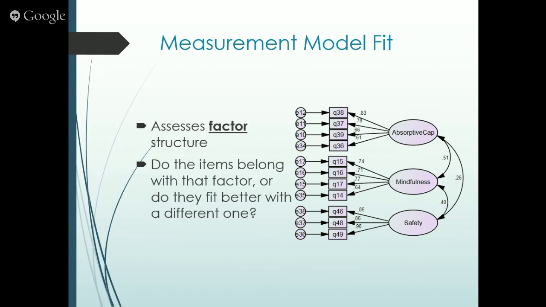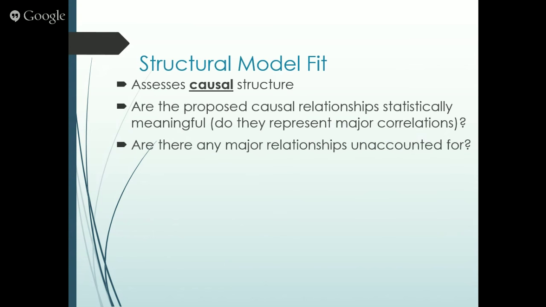To what extent does this model accurately capture the natural covariances between the items? Does it account for the majority of the variance? If it does, then our proposed model fits the observed model, or the data. That's the observed model in this case. So, model fit is all about whether you're accounting for all of the major relationships in the data. Yeah, that's what it's about.